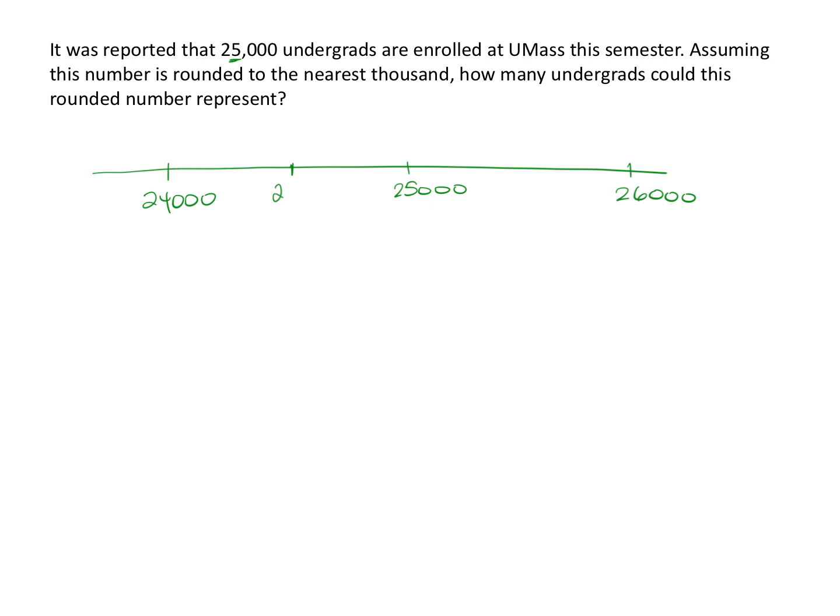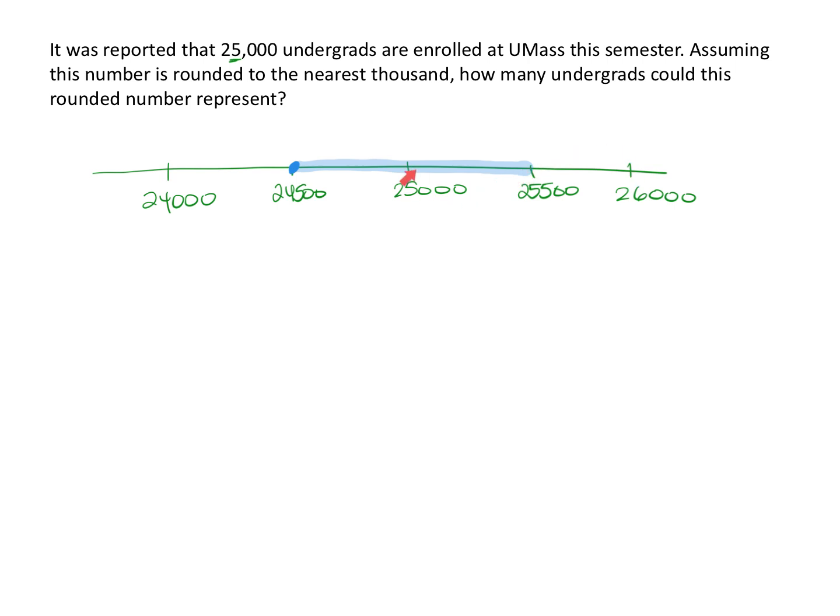So these would be the halfway points. This would be 24,500, and this would be 25,500. So the numbers in between here could round to 25,000. The 24,500 would round up, so I'm going to include that one. But the 25,500 would round up to 26,000.